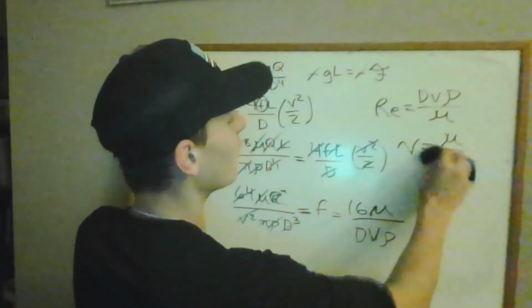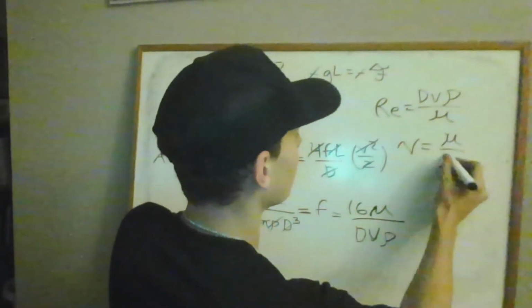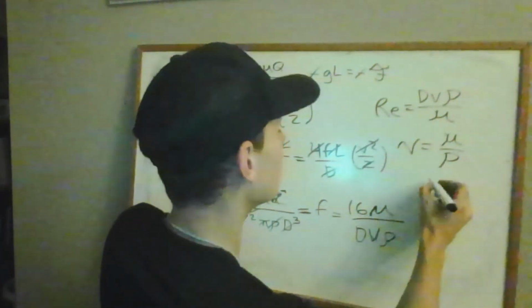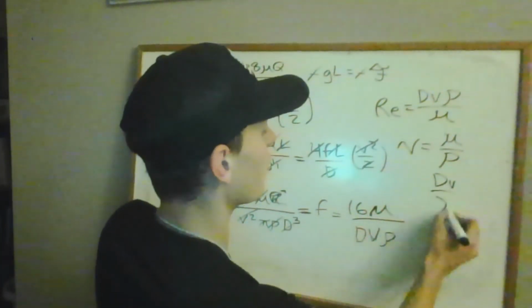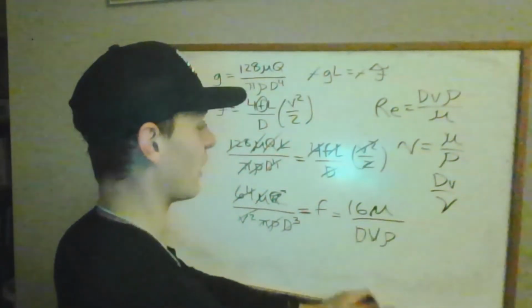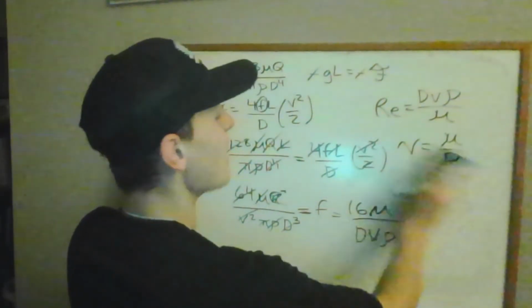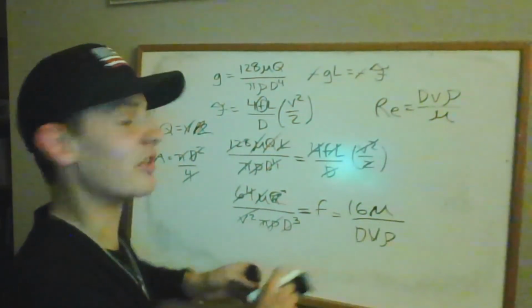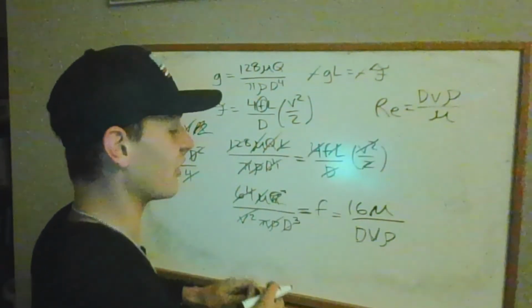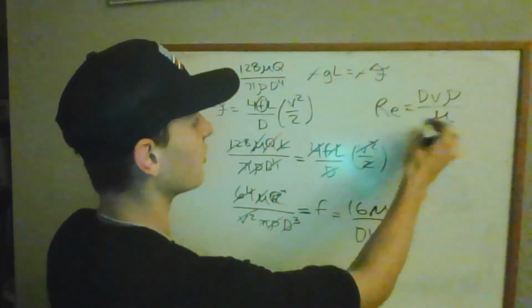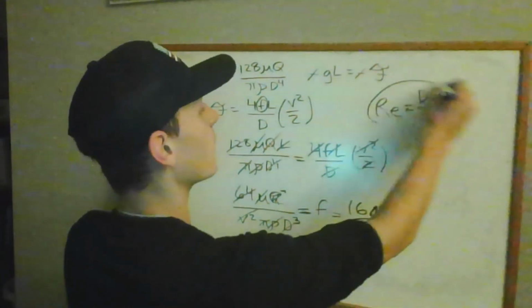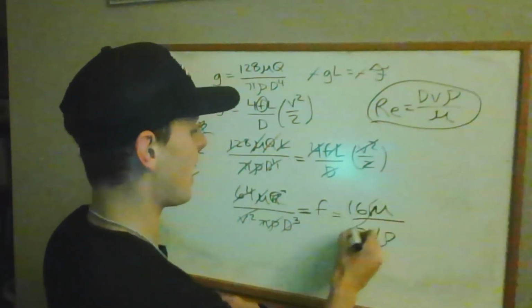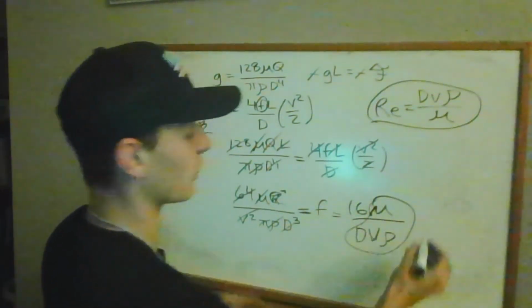So flipping that around, your expression would be dv over nu. By the way, that's the Greek letter nu. I'm very bad at drawing that, but you might see Reynolds number expressed with the kinematic viscosity. But again, this expression is the Reynolds number, which is dimensionless, and that is right here, inverse.